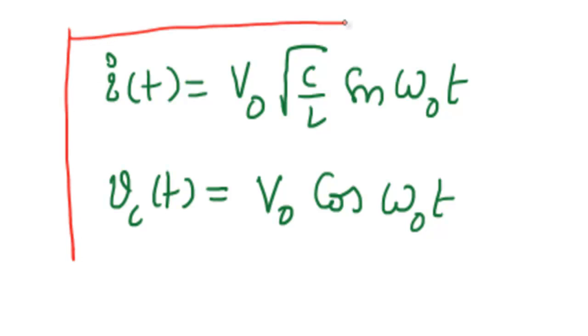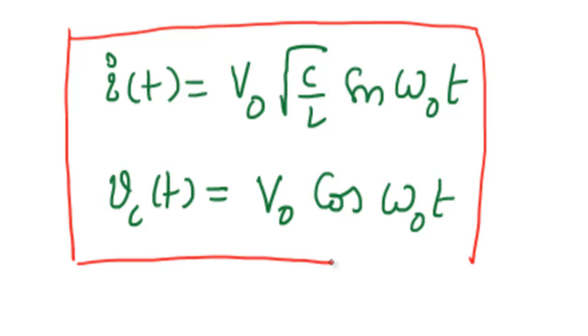That means in the case of a tank circuit, the current follows a sine wave and the voltage across the capacitor follows a cosine wave. Okay, so these are important for us. I'm stopping here in this session, then we will start with the other session on commutation circuits. See you there.